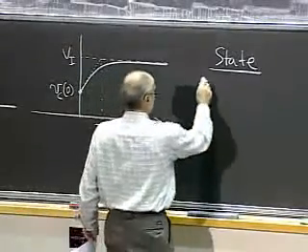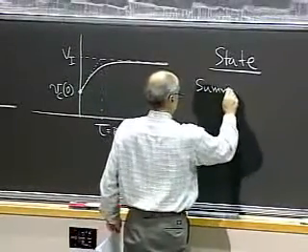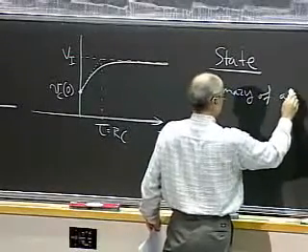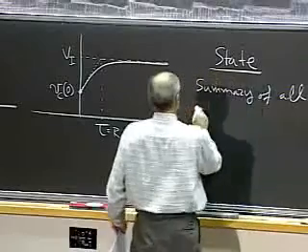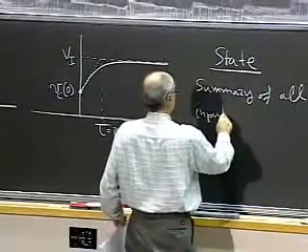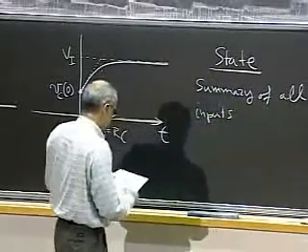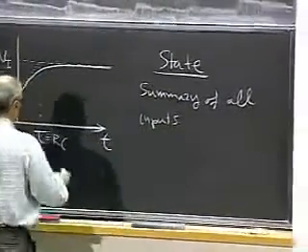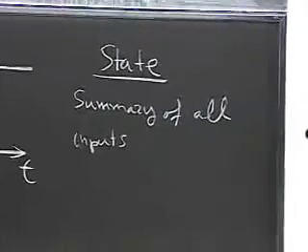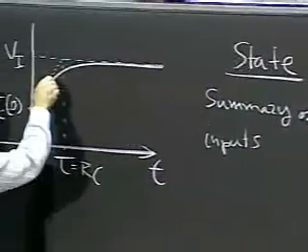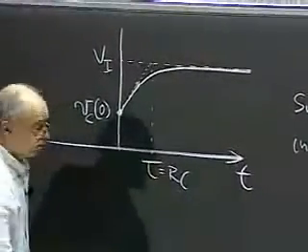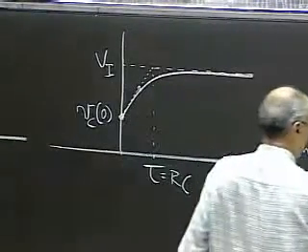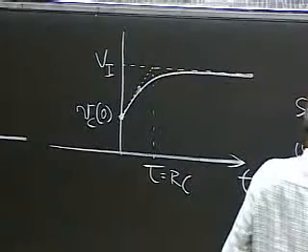The state is the summary of all inputs that are relevant to predicting the future. If I know the state of the capacitor at this time, I can predict where it's going to go, given a response Vi here in the future. So it predicts the future.